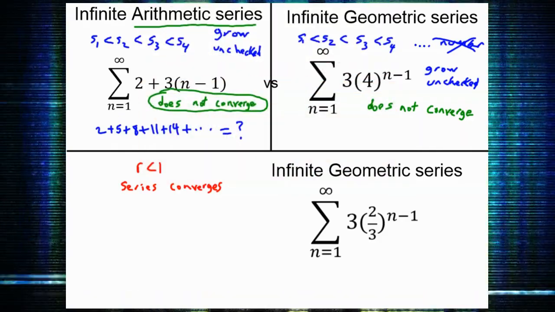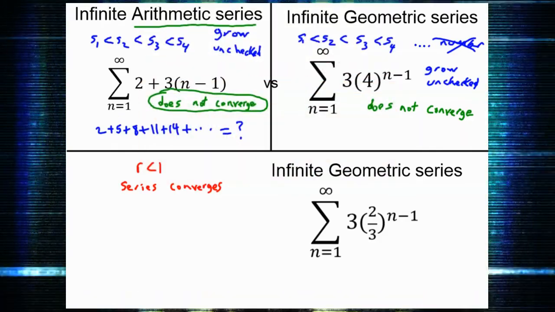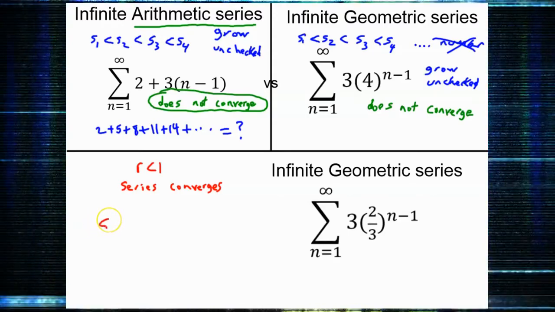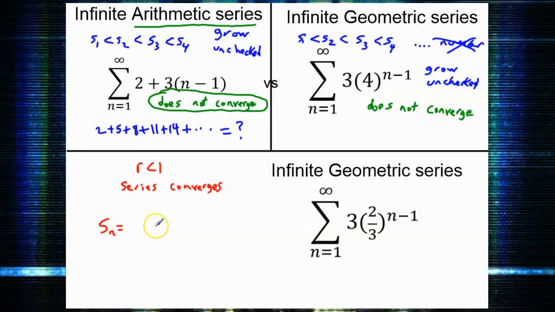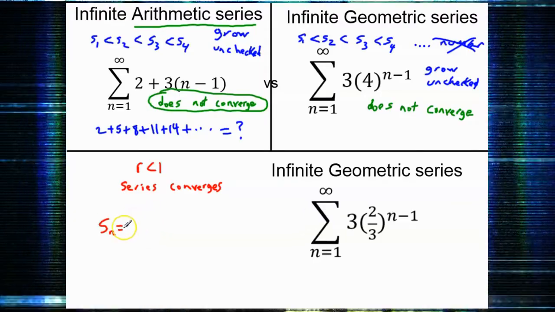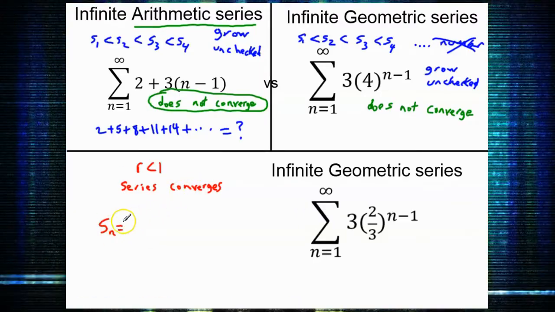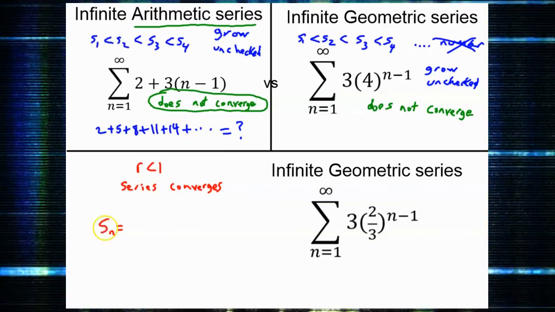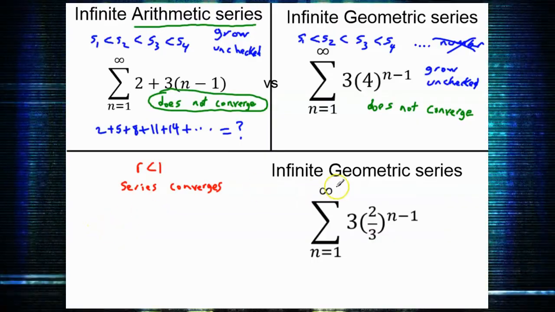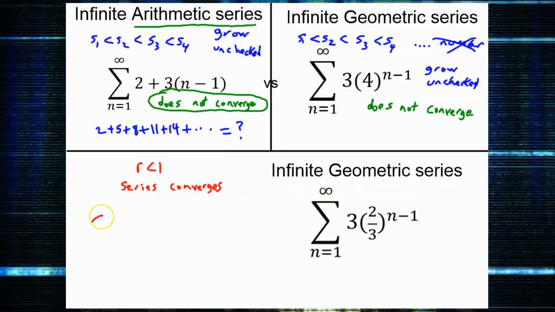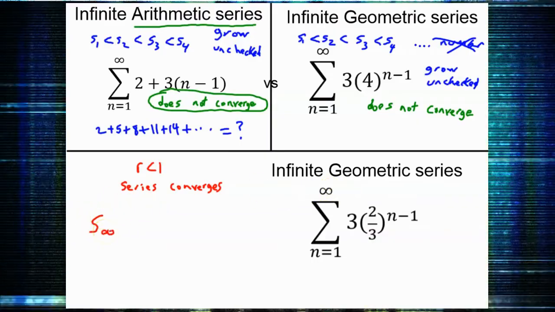So we need to figure out what this series actually converges to. What number do the partial sums get very close to if we get out to 1,000, or a million, the millionth partial sum? I wrote s sub n here, but let's put s sub infinity, since everything goes out to infinity.